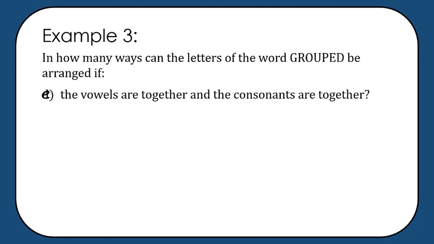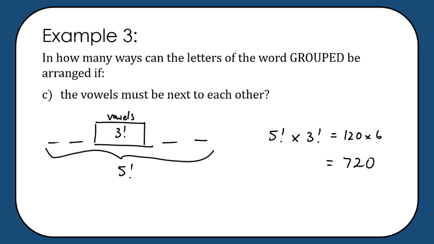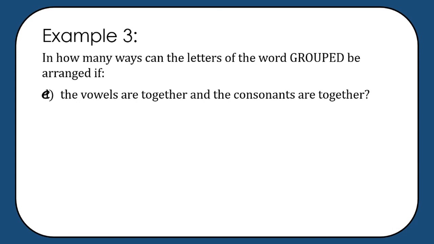Okay, so previously in part C, when we looked at having the vowels together, we were arranging the consonants in any way around them. So, for example, in the diagram I've got drawn here, the consonants are not together. So we need to think about the fact that we want the vowels to be together. So we've got 3 vowels. They can be arranged in 3 factorial different ways.